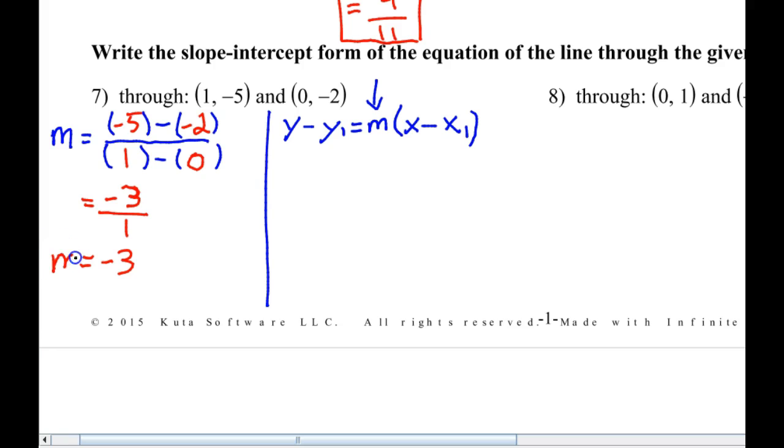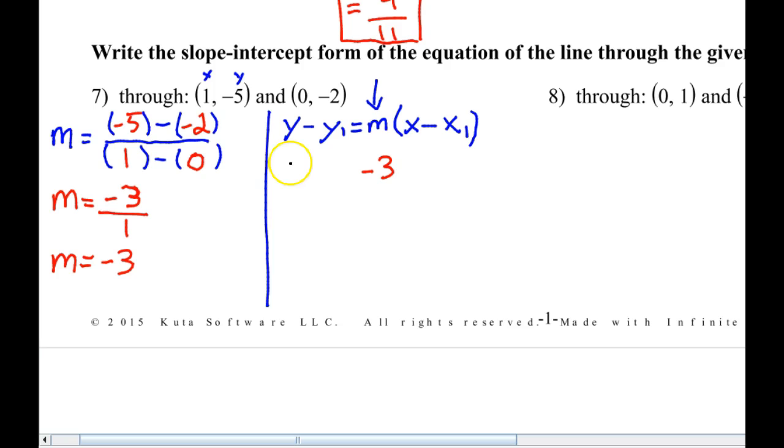So I know now that my slope is -3. So I can now plug it in here, slope of -3. And you get to pick which point you want to use. You can use either one, you'll get the same equation. So let's say if I wanted to pick here, let that be x, let that be y.